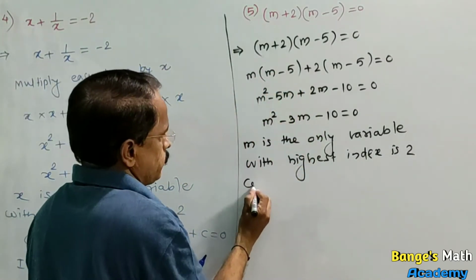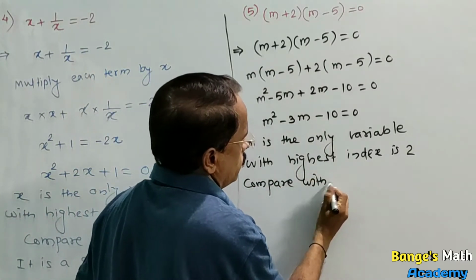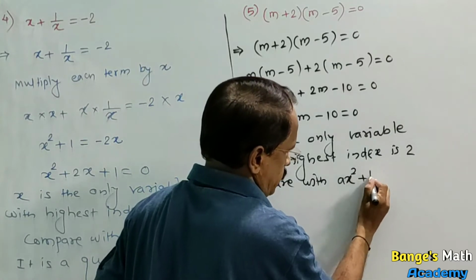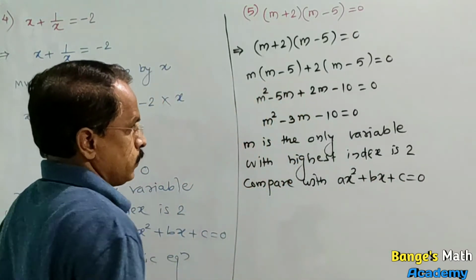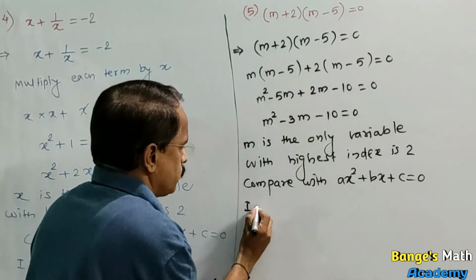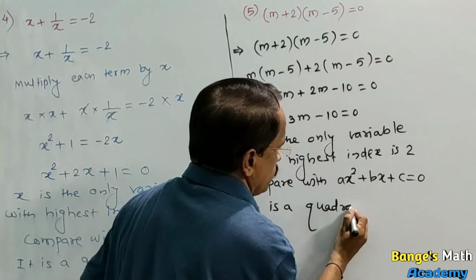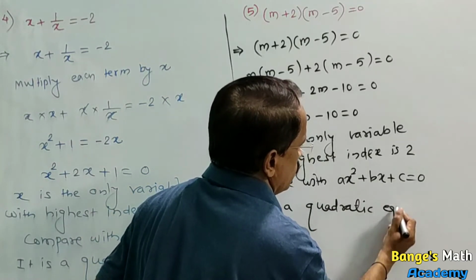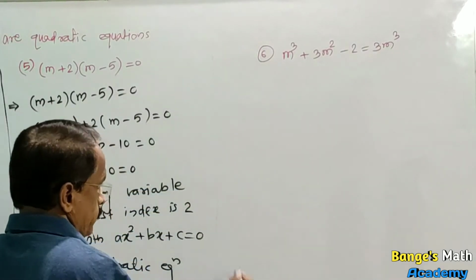If we compare this with the general form ax square plus bx plus c is equal to 0, so it is a quadratic equation. Then see the next example.